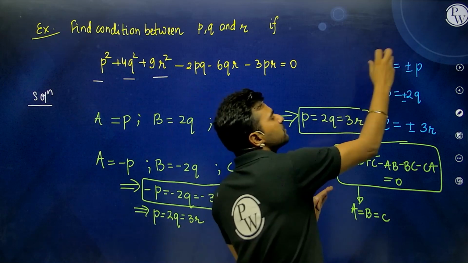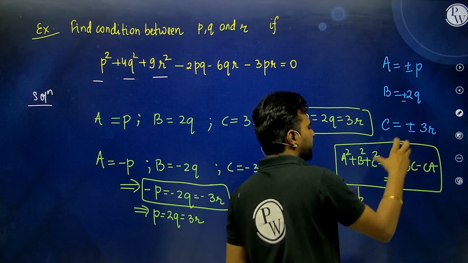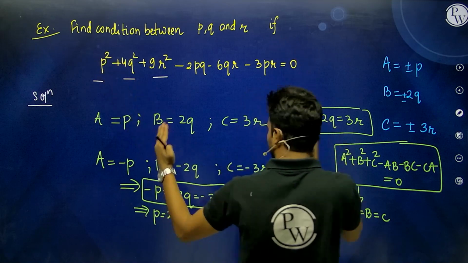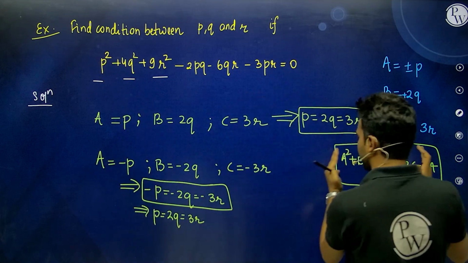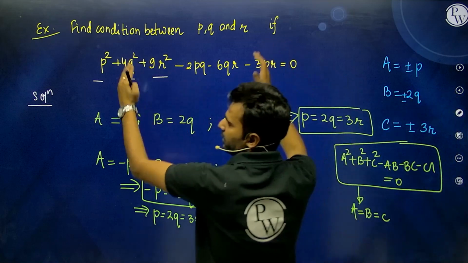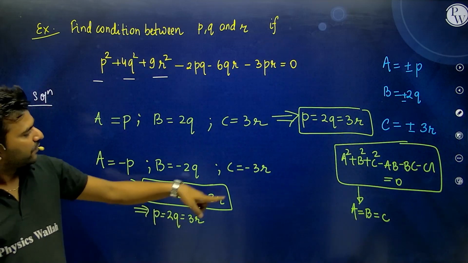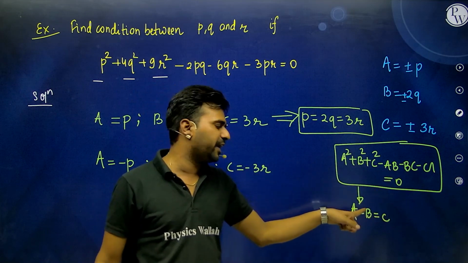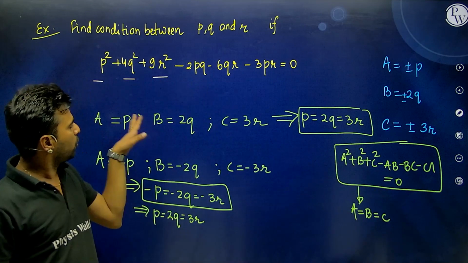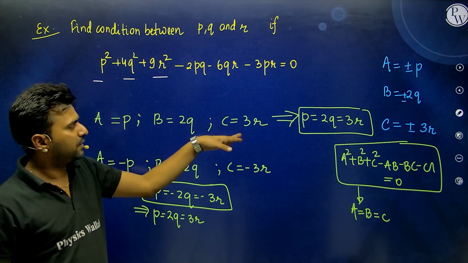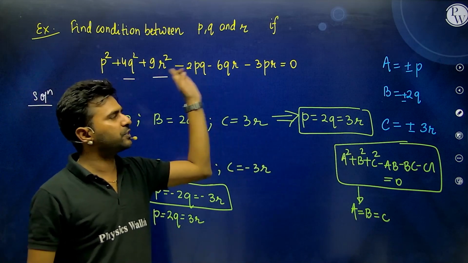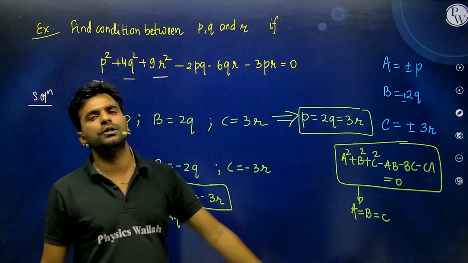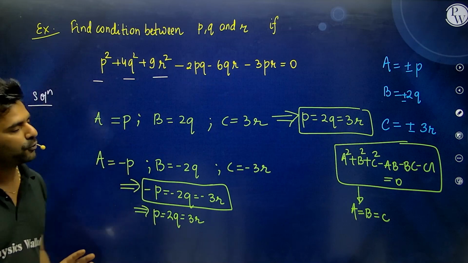Similarly, if I take A as minus P, B as minus 2Q, C as minus 3R, again this equation is going to get satisfied, because putting these terms over here will give this equation only. Yes or no? And I know that whenever A square plus B square plus C square minus AB minus BC minus CA is equal to 0, then A, B, and C have to be equal. So putting these values of A, B, and C in this equation gives me this equation only. That means A, B, and C should be equal, meaning P is equal to 2Q is equal to 3R has to be there. Are you able to understand this?